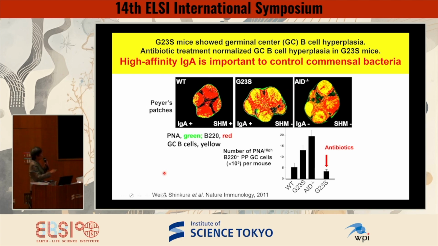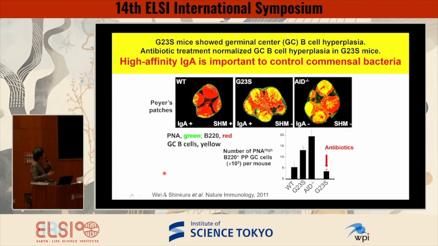This is the immunohistochemistry of the Peyer's patch. Peyer's patches are lymph nodes in the small intestine. This is the wild-type condition, smaller than the G23S or AID knockout mice. Here AID is knocked out, and there's no IgA secretion.